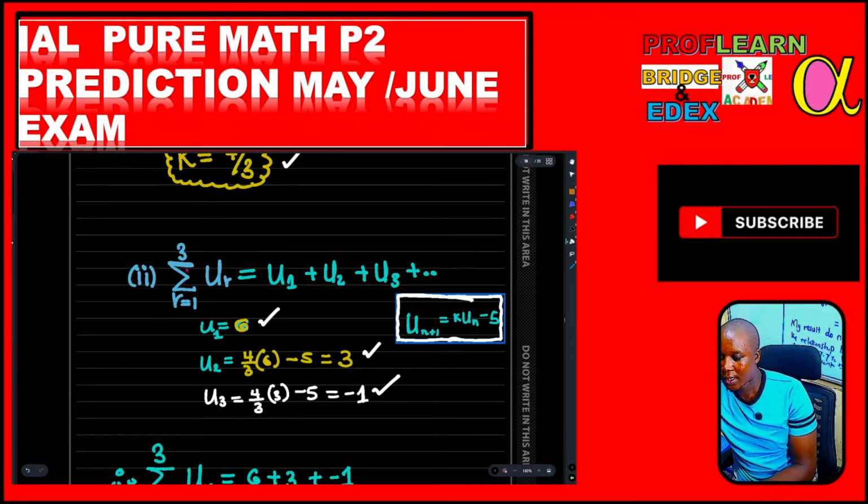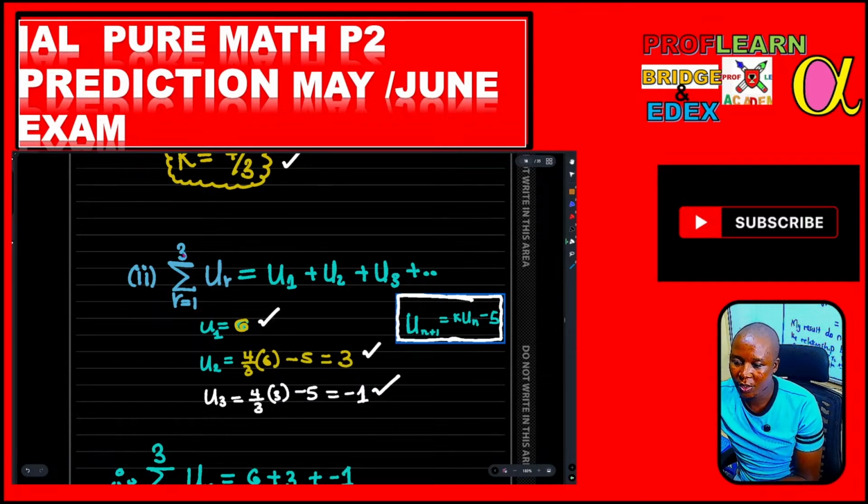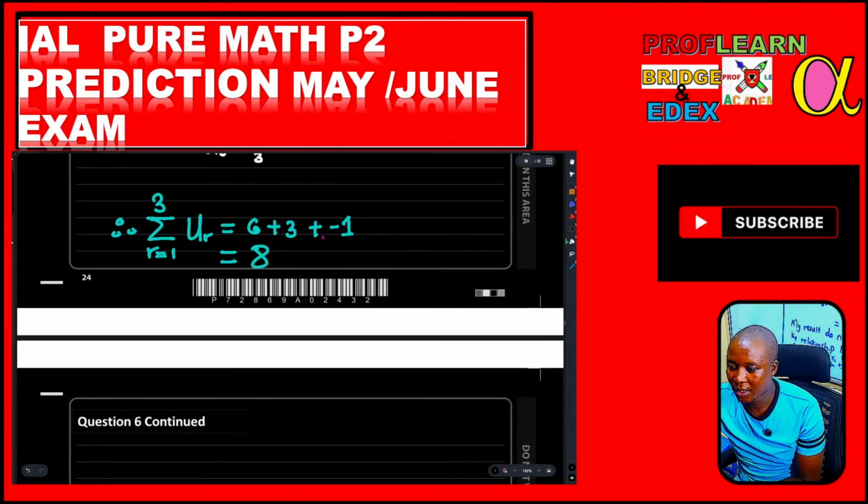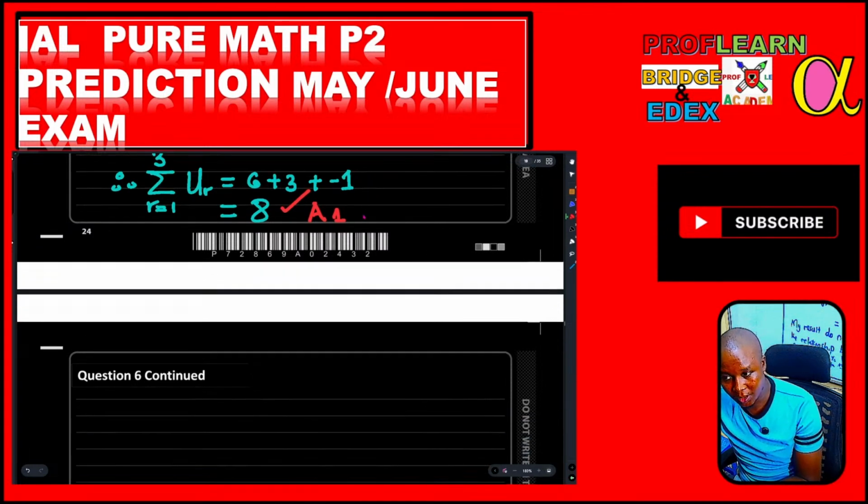So because we are finding the sum from 1 all the way to 3, the sum now becomes 6 plus 3 plus -1, and the answer translates to 8, and you see the examiner now says answer 8, and the method is correct. You earn all the marks for that particular question.